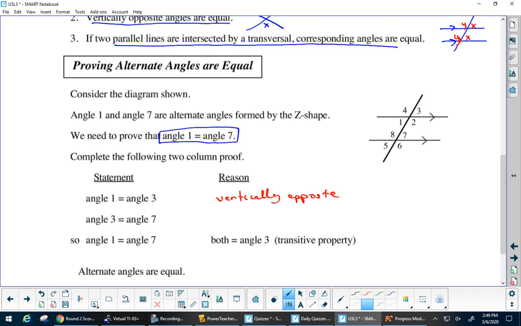So I'm saying these two are equal. And then I can say angle 3 equals angle 7. Why? So they are corresponding angles.